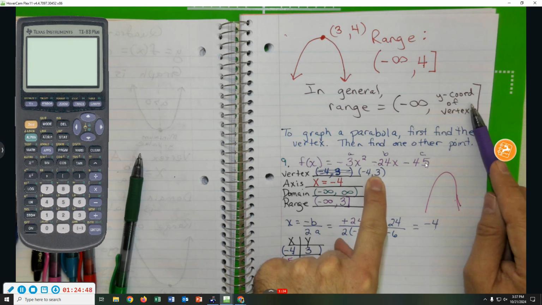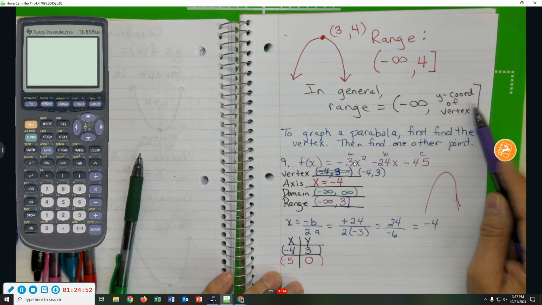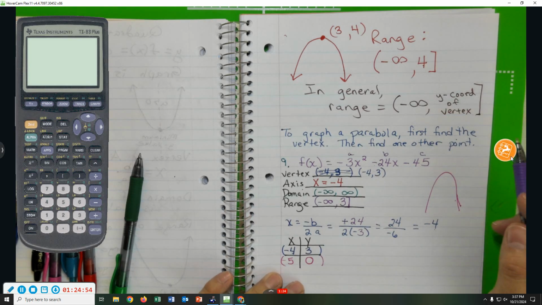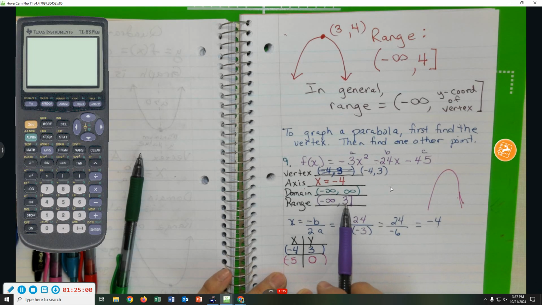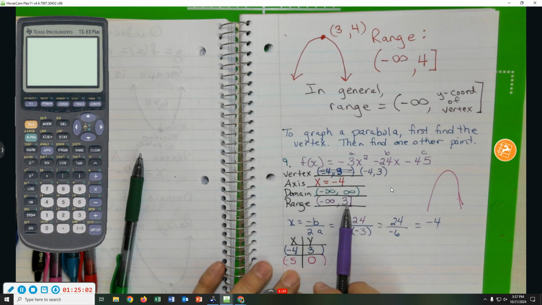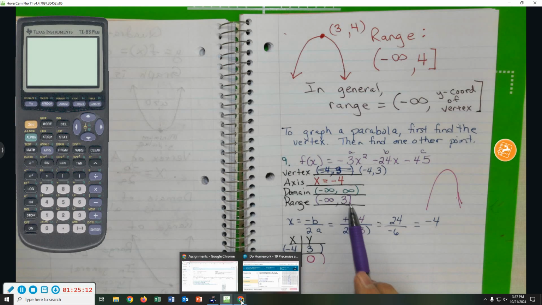Is 10 in the range? Could you plug in a number to give you a y value of 10? No. What's the biggest number that's in the range? 3. 3, 2, 1, 0, negative 1, negative 2, negative 3. Any questions on our logic? See how we got that range?